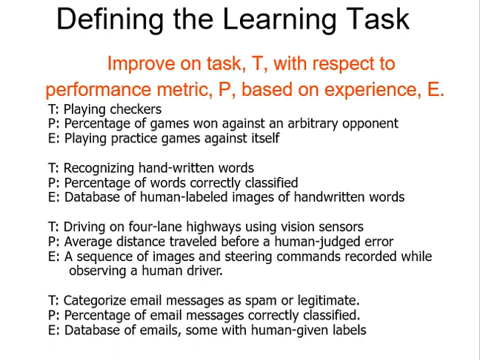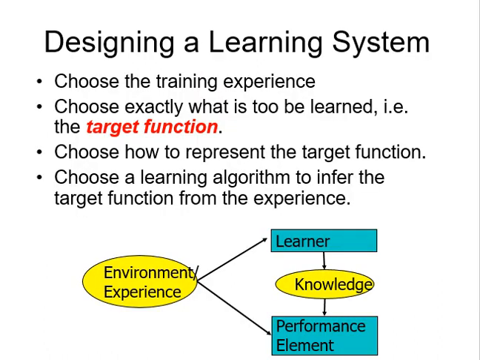Now let's move on to the next slide, which is designing a learning system. Usually, a learning system is designed based on many factors that come under machine learning. Let's consider some of the important factors. They are training, which has a target function, and there will be a task, experience, and the performance of the given task.